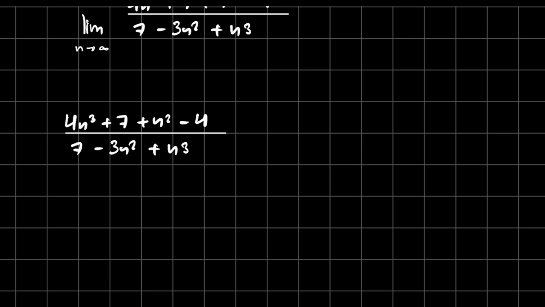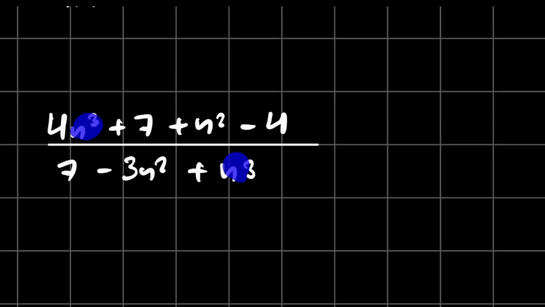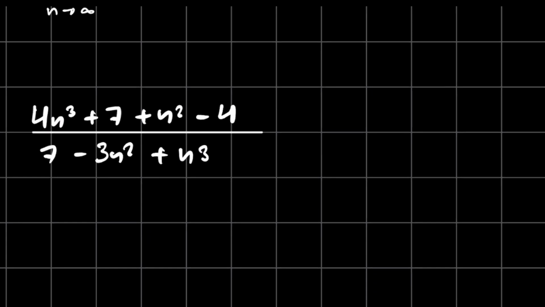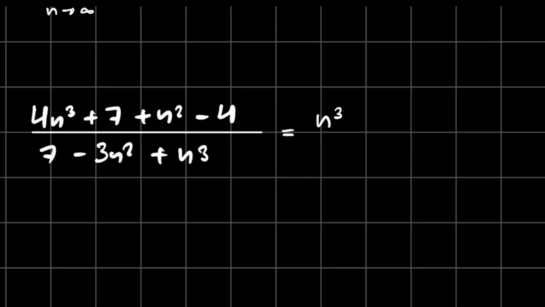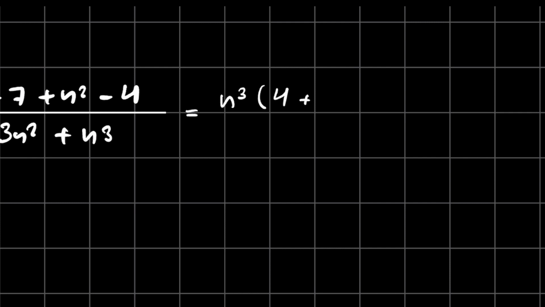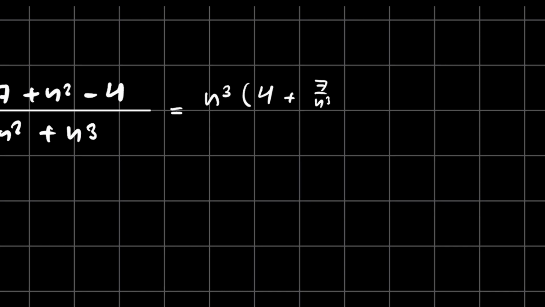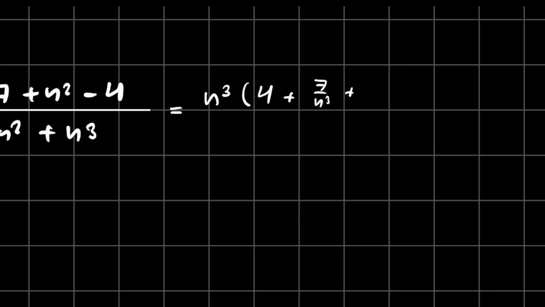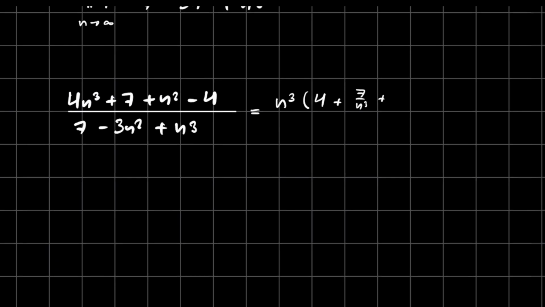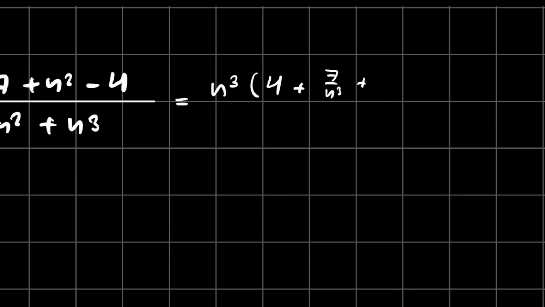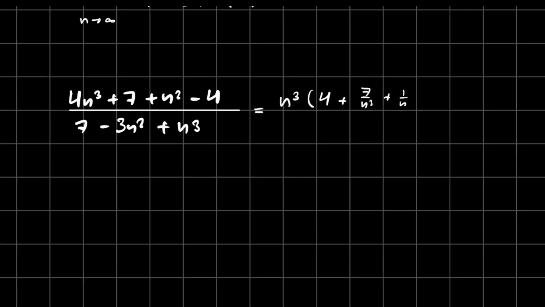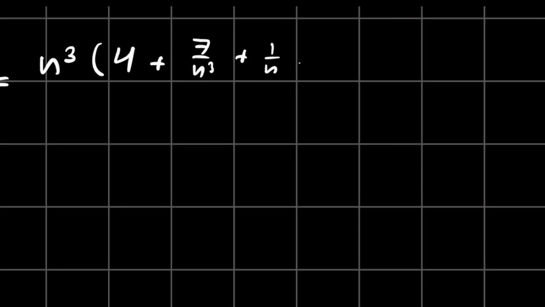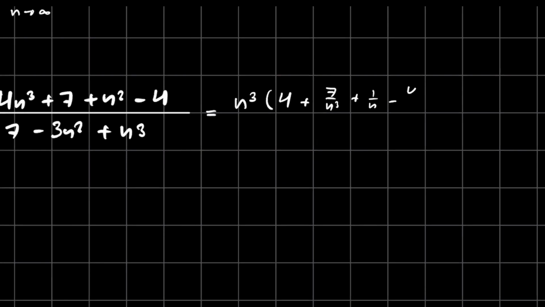So what can we see here? The highest degree on both sides is n cubed, so we can factor that out. So 4 plus 7 over n squared plus 1 over n minus 4 over n cubed.